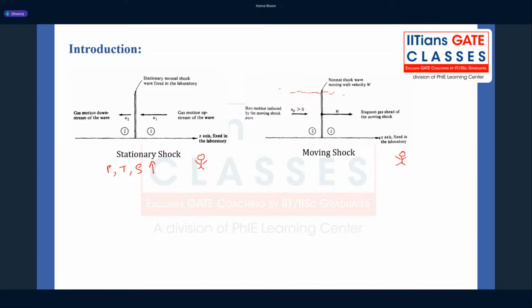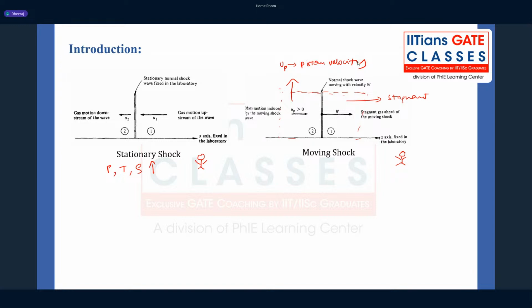If I take a small CV, the air in this region is stagnant, whereas here, due to the movement of the shock, there will be some velocity induced behind the shock, which I am calling UP, and it is generally called the piston velocity. Right.